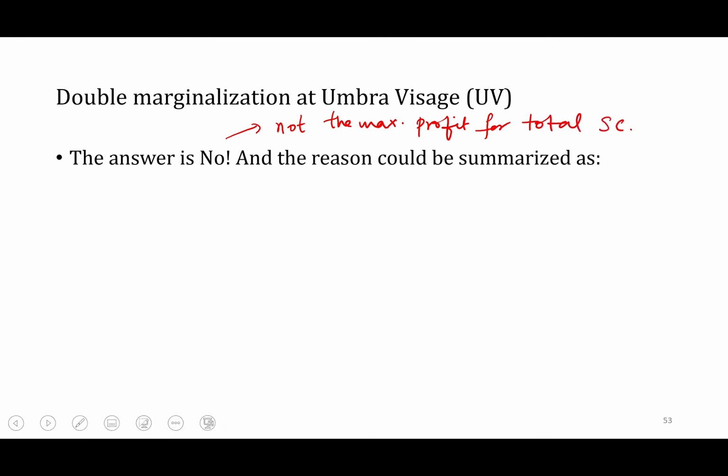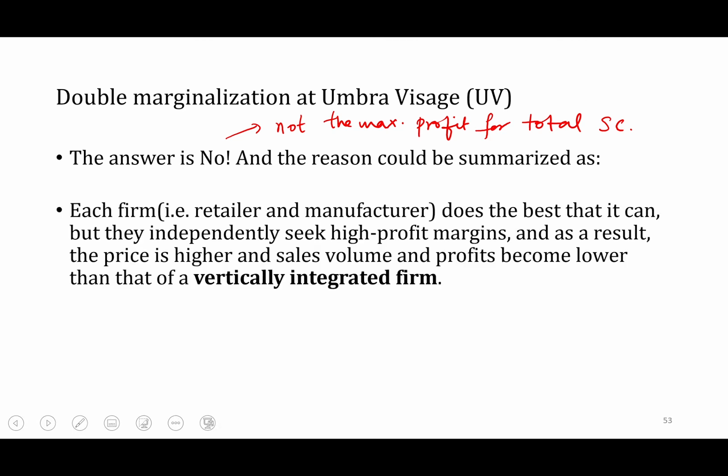The reason behind that is that each firm is doing the best that it can to independently seek high profit margins. This results in the price being higher and the sales volume and profits being lower than that of a vertically integrated firm. So what does a vertically integrated firm mean?